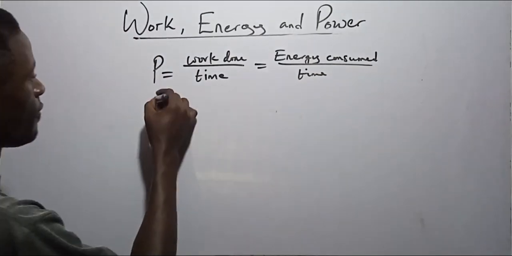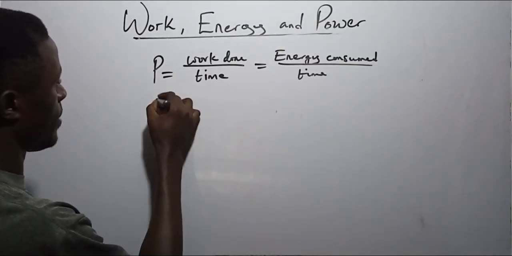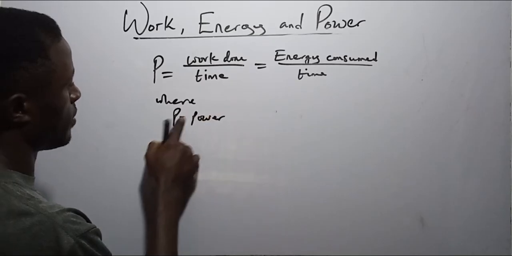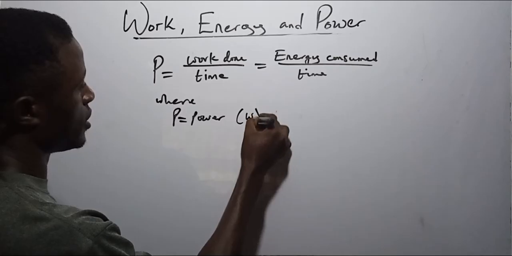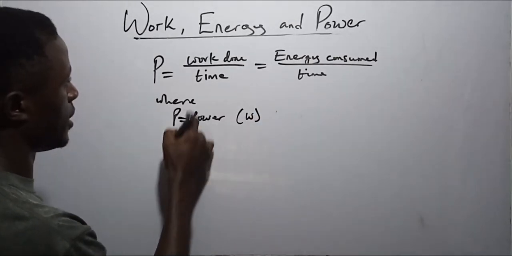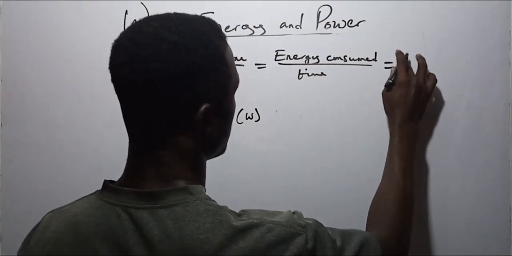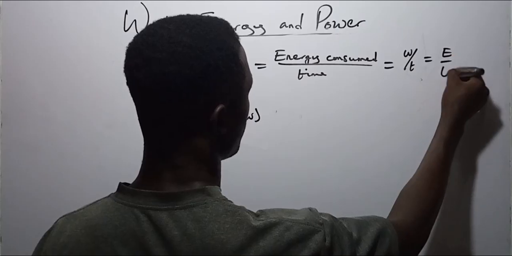Now, the unit of power, where P is equal to power. Power is the rate at which work is done and is measured in watts. I can write this as W over T, or as energy over time.